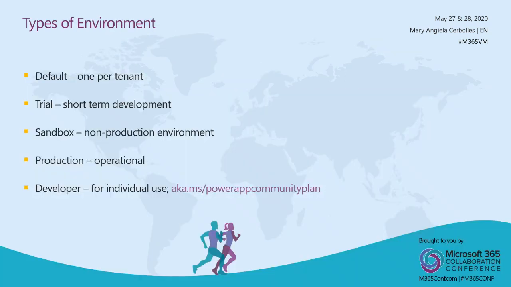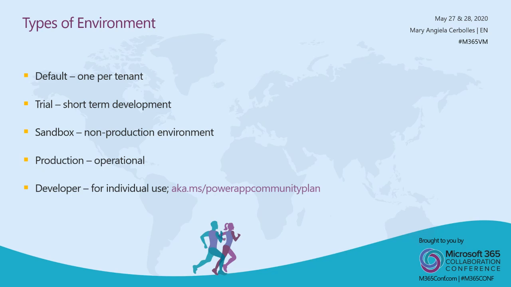There are different types of environment. First is the default environment, which is created automatically in your tenant. Usually you use this for your production. The second one is the trial environment. This is only used for short-term development, and it expires after up to 30 days.